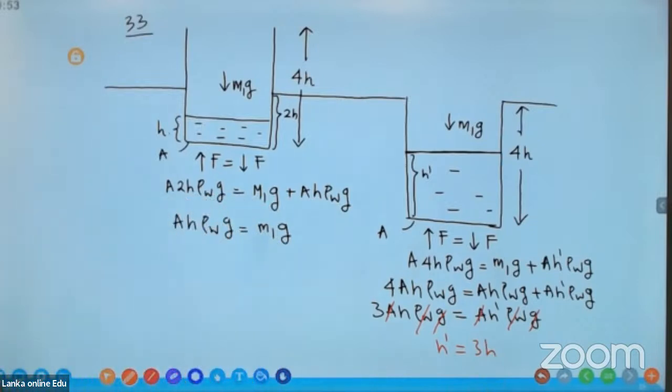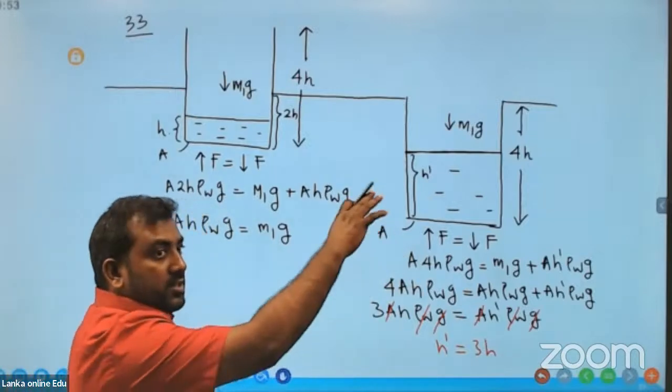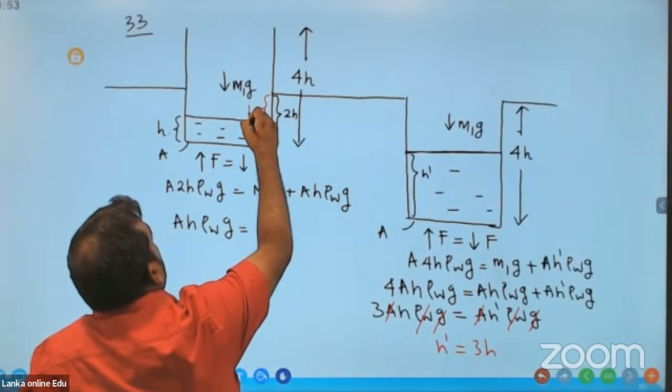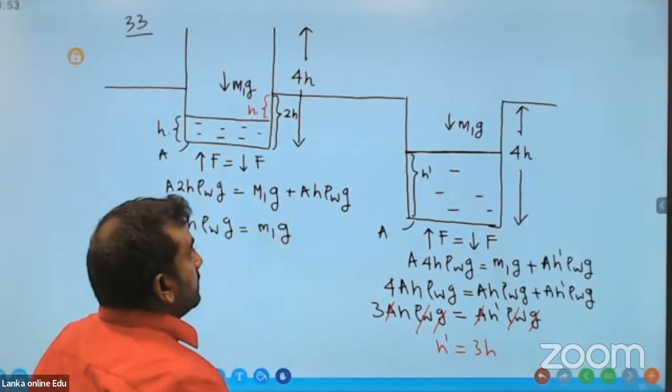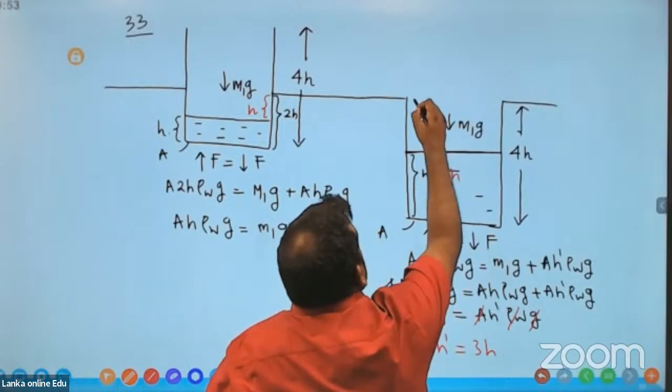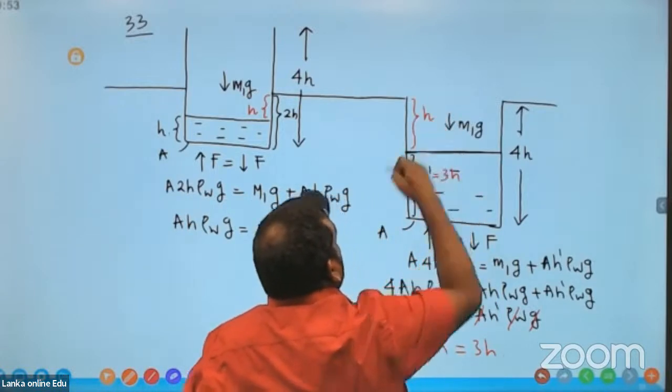Now look at this carefully. This is on the verge of sinking. What is the difference in the liquid level here? Now this is 3h, no?